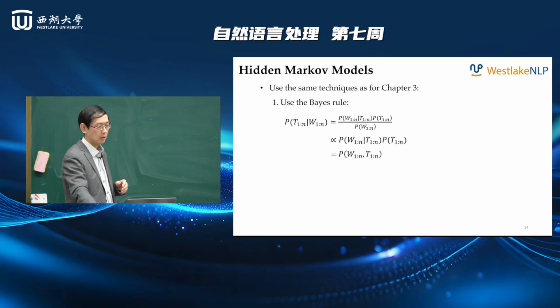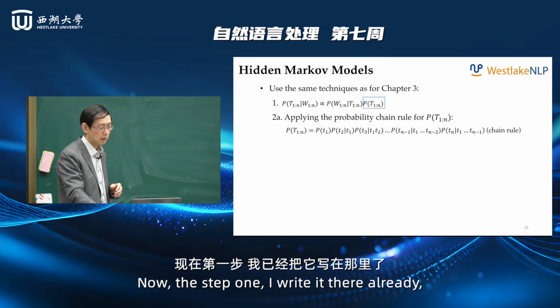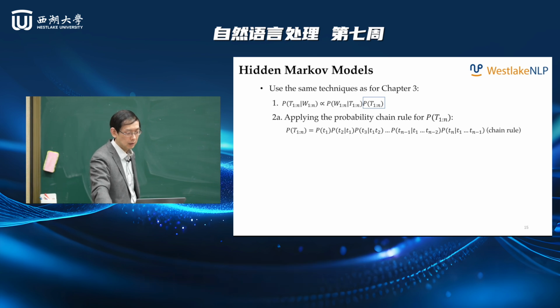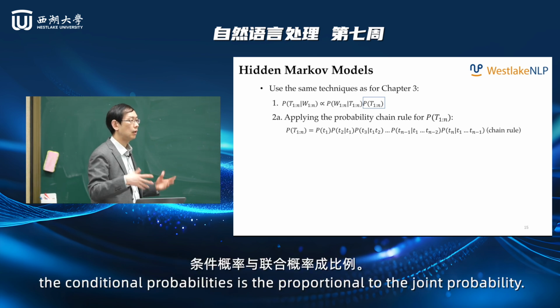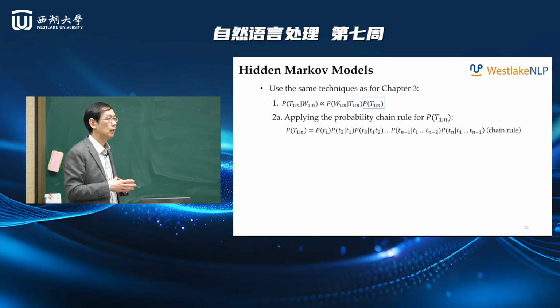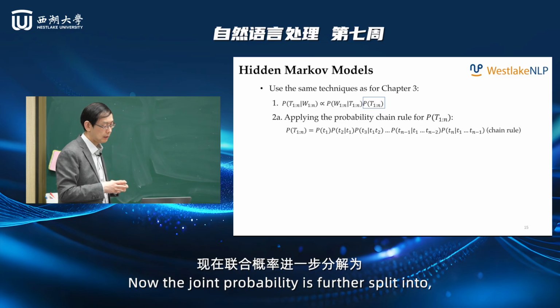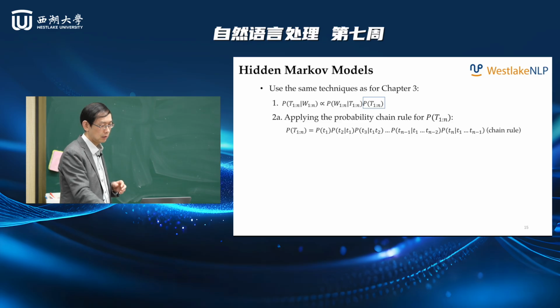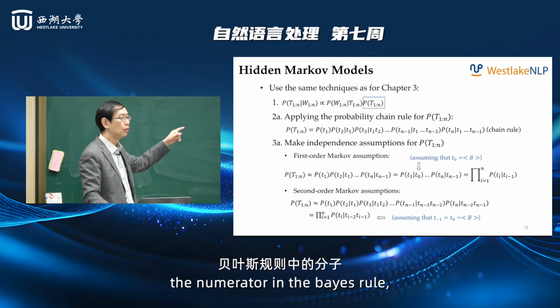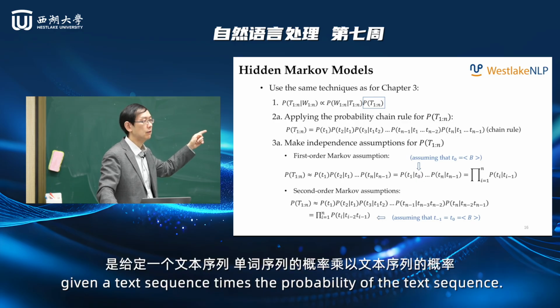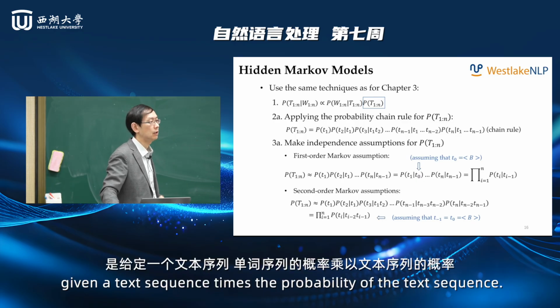Now, step one, I wrote it there already. The conditional probability is proportional to the joint probability. Now the joint probability is further split into, the numerator in the Bayes rule, the probability of the word sequence given the tag sequence times the probability of the tag sequence.